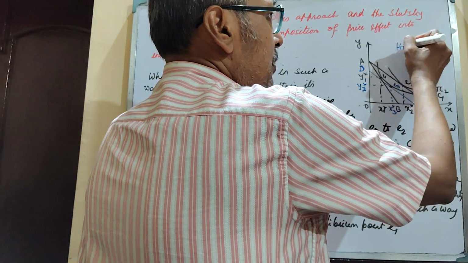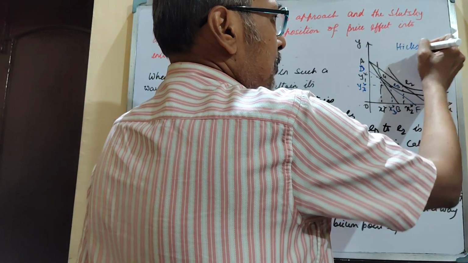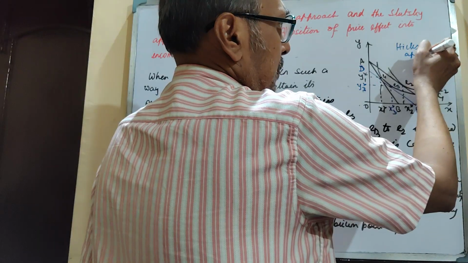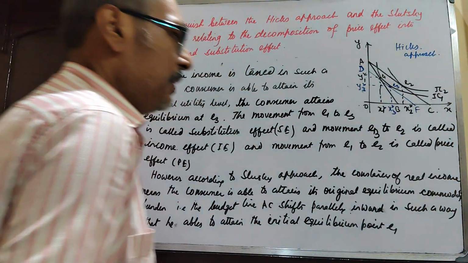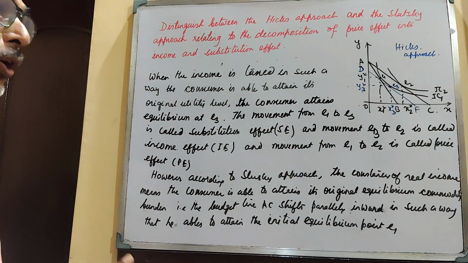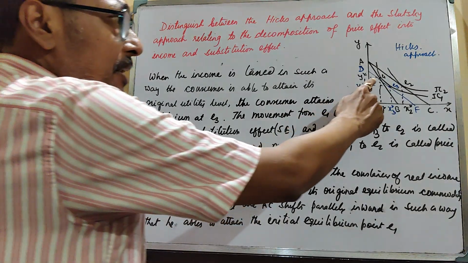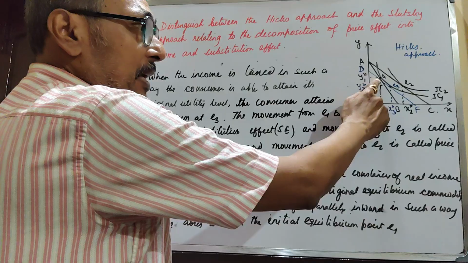This approach is called the Slutsky approach. Now we draw the Slutsky approach. According to the Slutsky approach, the constancy of real income means constancy of the initial equilibrium point.